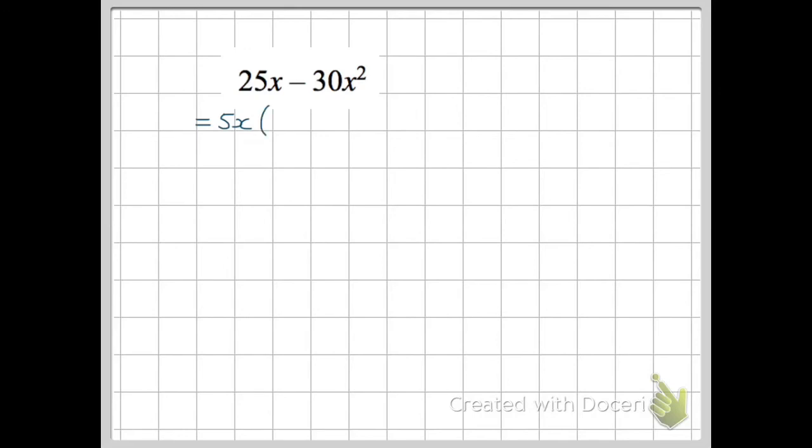Now, how do we find the numbers on the inside? Well, first of all, note that the highest common factor has been taken outside the bracket. So to find these missing numbers, you're going to take the term in the original expression and divide by the highest common factor in each case. So 25x divided by 5x. Once again, you can look at the numbers and the letters separately. 25 divided by 5 simplifies to 5, and x divided by x is just 1.